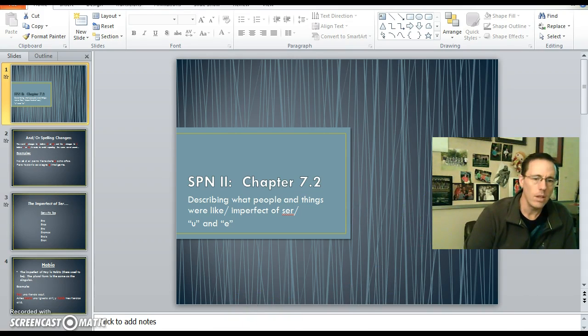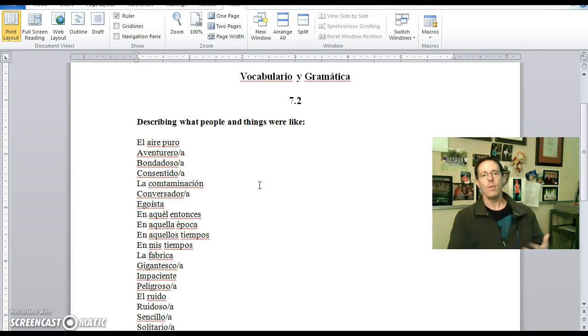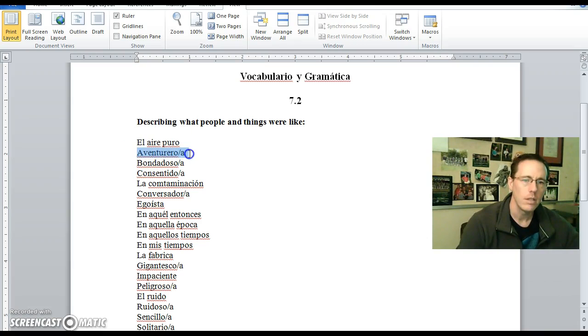Let's go ahead and take a look at your current vocabulary for this week. And as you can see, it says describing what people and other things were like, and some of the words are more connected than others. Let's begin with el aire puro, which is fresh air. Aventurero is adventurous. Bondadoso is kind, kind of like the word simpático.